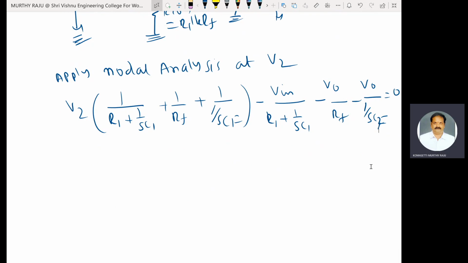Solve this one. VA is equal to VB is equal to V1, which is equal to 0. Therefore, this entire term value is 0.